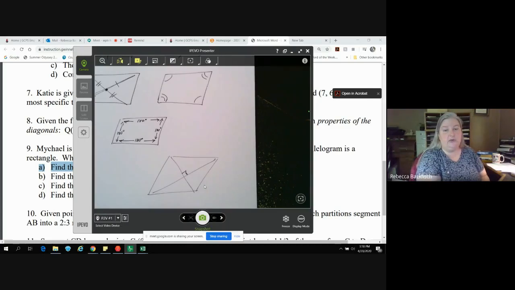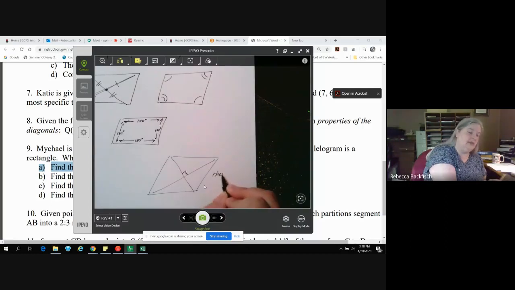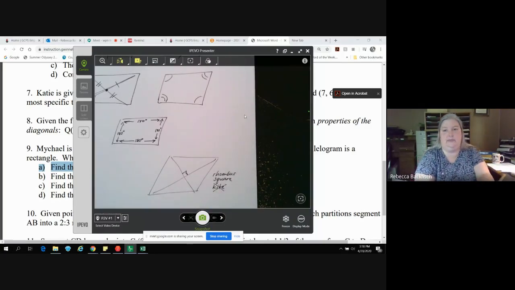But none of those are the things we're trying to prove. So if we found that the diagonals were perpendicular, that wouldn't help me prove it's a rectangle. In this particular case, we know for sure we don't have a kite because we have a parallelogram, and kites are not parallelograms. So C would not help me at all.